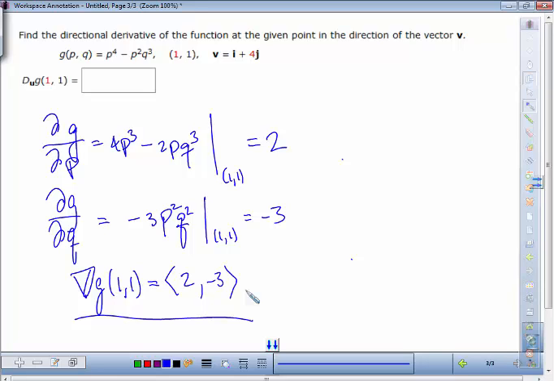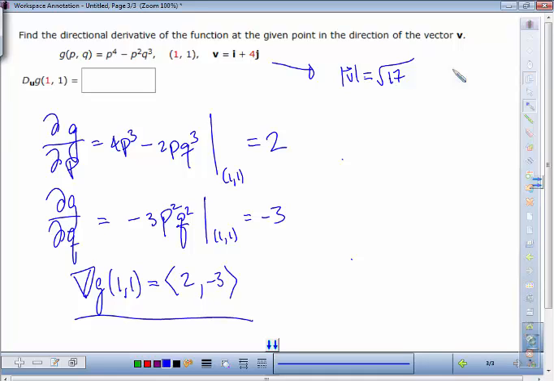All right, so that's the first part of your directional derivative. You're going to dot it with u, the unit vector, but we noticed that our direction v is not a unit vector, so let's make this into a unit vector. Let's find the magnitude of v. The v is (1, 4), so the magnitude is the square root of 1 squared plus 4 squared. 4 squared is 16. So you add 1, you get 17.